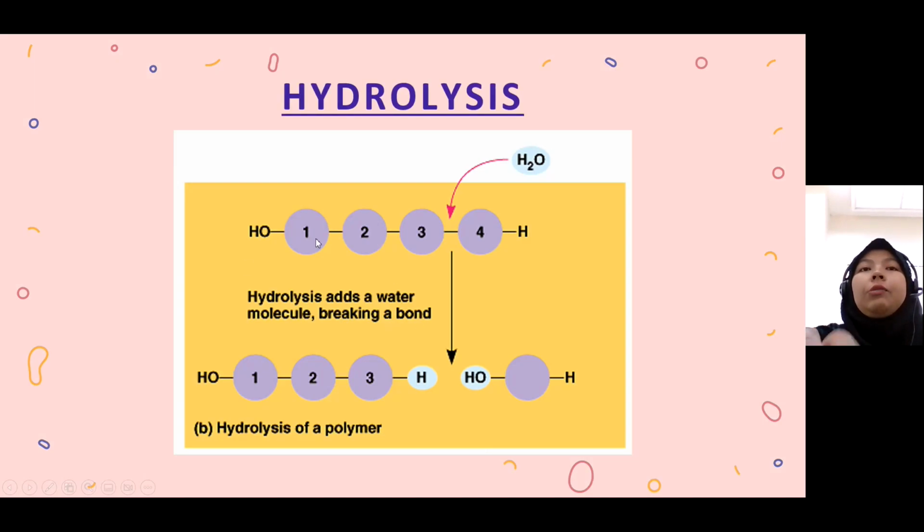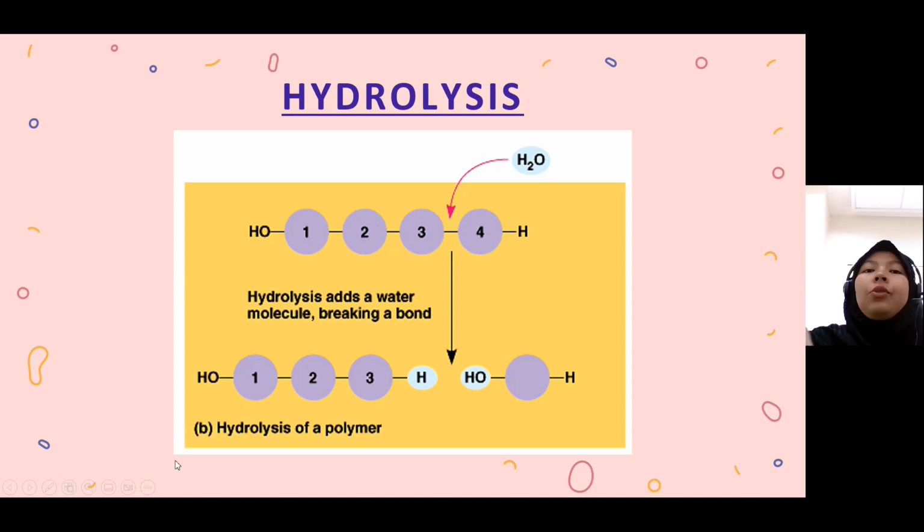This is the simulation of hydrolysis. This is the polymer. We want to break this bond by adding a water molecule. So what happens? The water molecule consists of hydrogen atoms and an oxygen atom, so one H will be attached to one monomer, while the hydroxyl group will attach to another monomer.